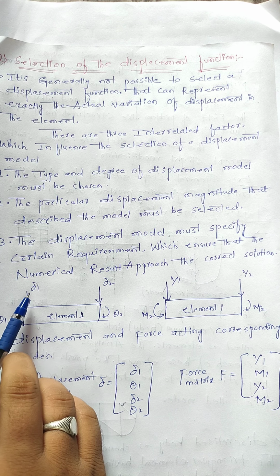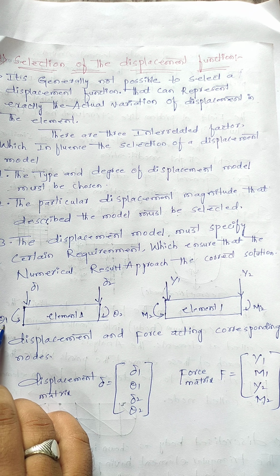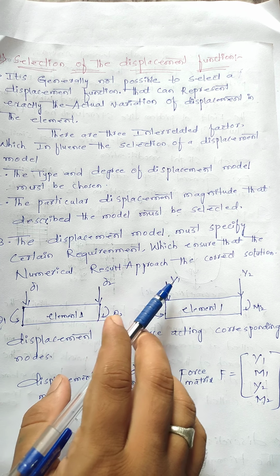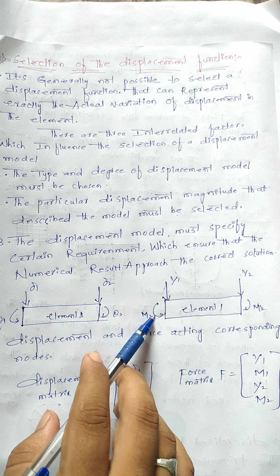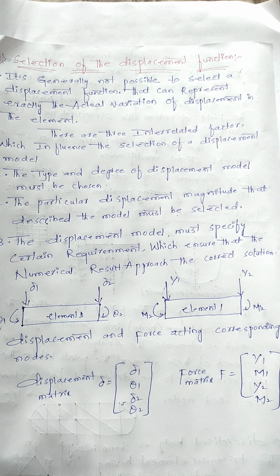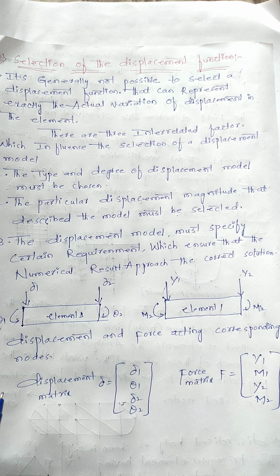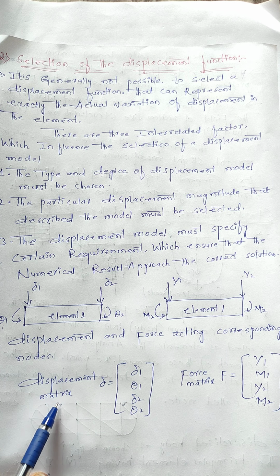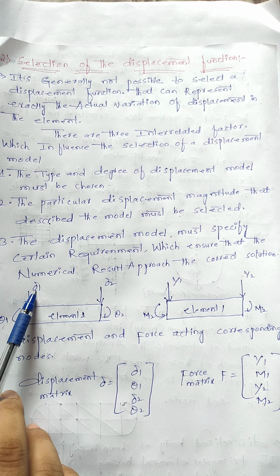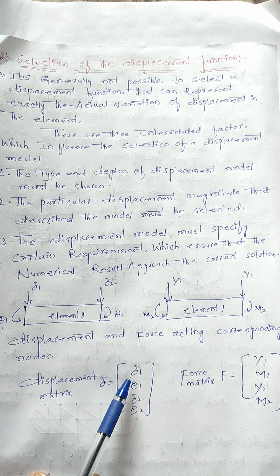So here delta 1 and theta 1 we can say are the displacement matrix, and y1 and m1 represent the force matrix. The displacement and force matrices correspond to the nodes and element, so we can represent them in this form. The displacement matrix is delta 1 theta 1 delta 2 theta 2.